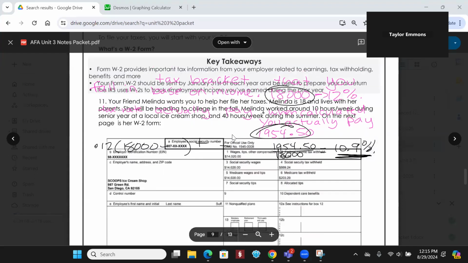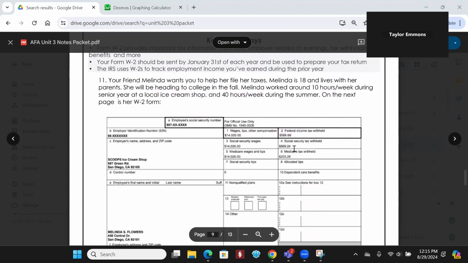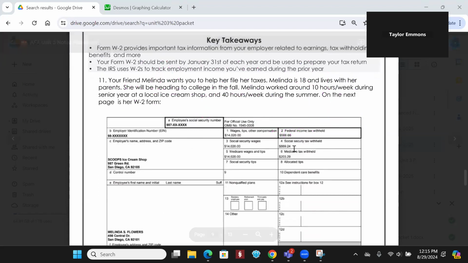Okay. Let's go ahead and look at 11 because I think this is important. Your friend Melinda wants you to help her file her taxes. Melinda is 18, lives with her parents, and she'll be heading to college in the fall. Melinda works around 10 hours per week during her senior year at the local ice cream shop and 40 hours a week during the summer.